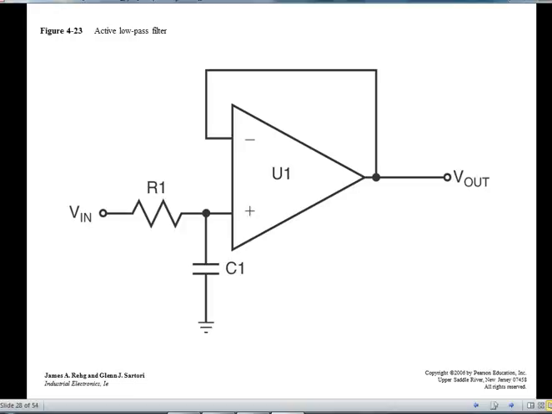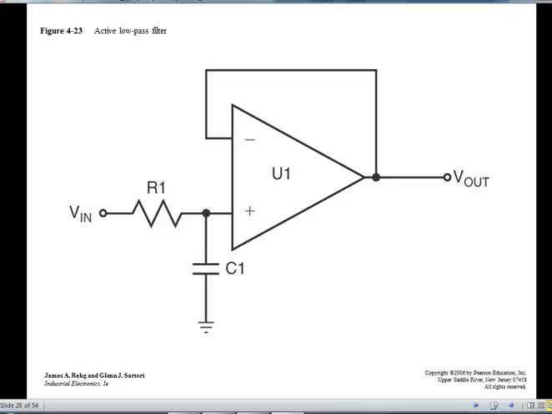Alright, so now I go and I put a low pass filter on the positive side of a voltage follower. What's going to happen? Yeah, because it's a voltage follower, it's the same thing. It's going to be a low pass filter.